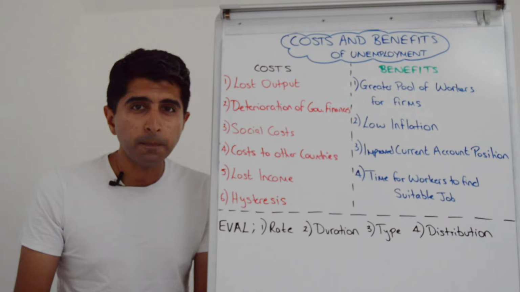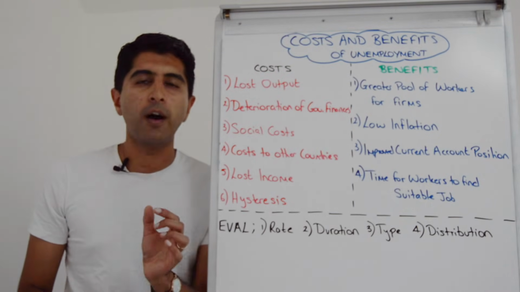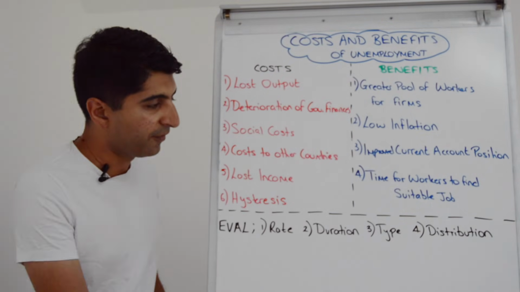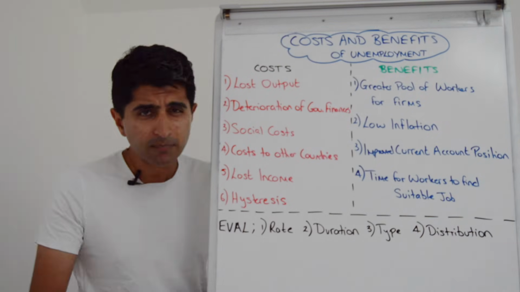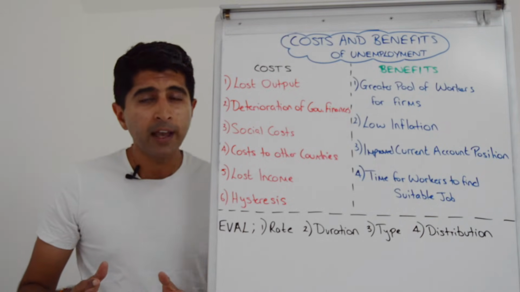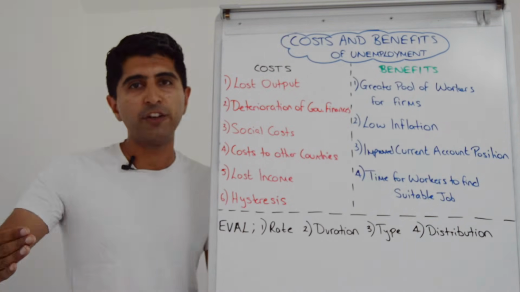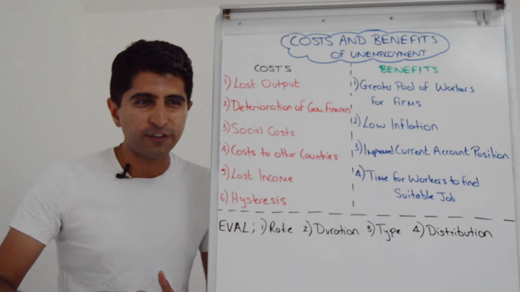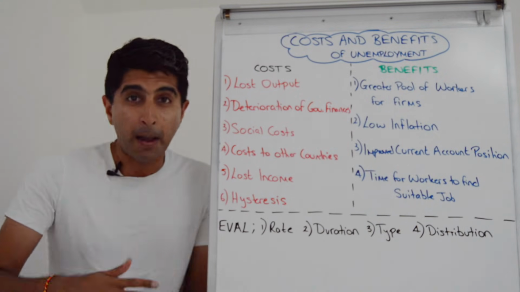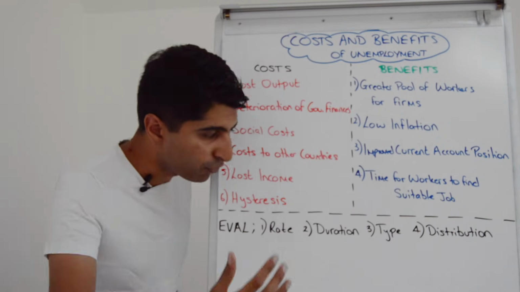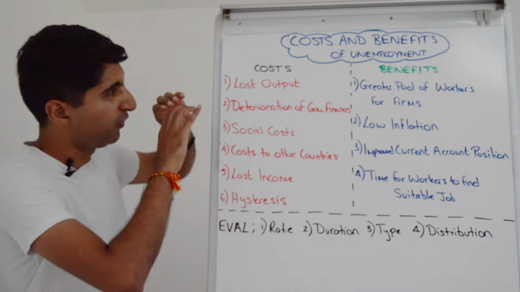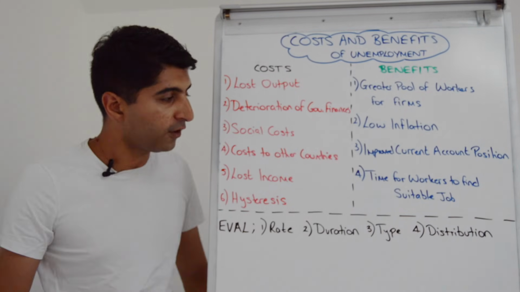The type is crucial. It's very clear that structural unemployment is the worst type of unemployment, especially occupational immobility of labor, because that is super hard to fix and therefore can be very long-term in nature. People don't just suddenly gain the right skills overnight. That might never change. They might then be unemployed for long periods of time, increasing the risk of hysteresis again and just generally worsening all of these costs of unemployment.